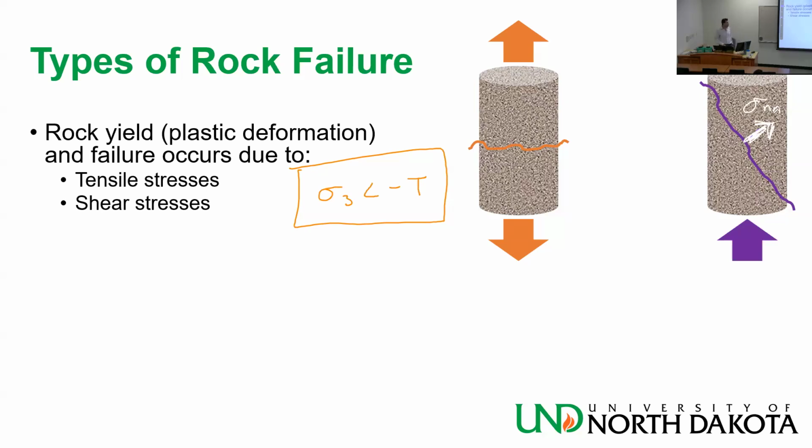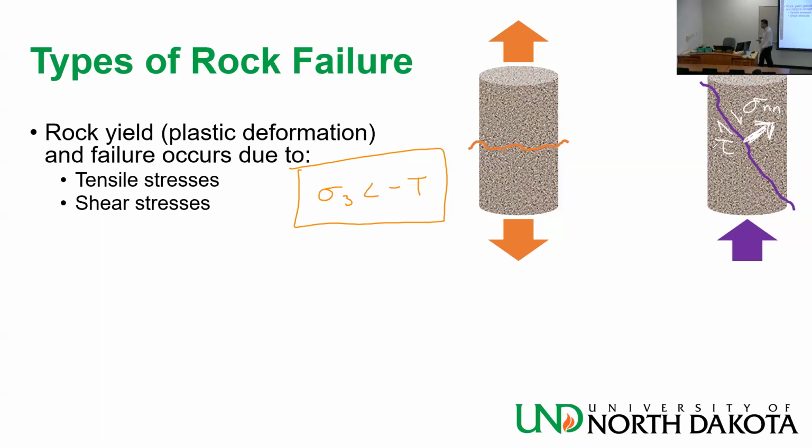That's the normal stress that holds these two pieces of rock together from breaking apart. And then you have tau. Tau in Greek is basically the shear stress.